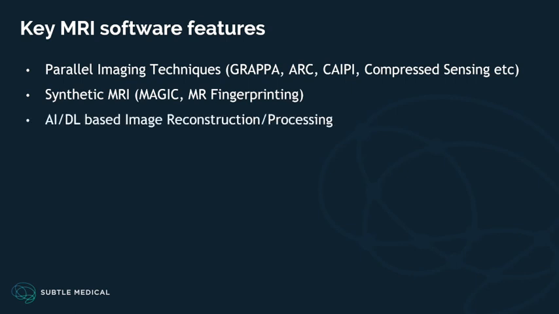And then, as Anna mentioned, we'll look into the newer technology, which is deep learning based image reconstruction and processing. So I will touch upon these three techniques, and obviously there are other software features or technologies which can also be included, but because of the time constraints, I'm highlighting these three.